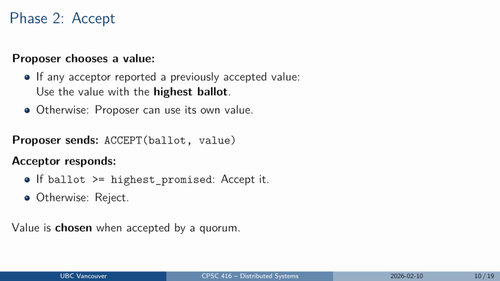I'll do the one on the right and the one on the left. So in this case, it says that no acceptor sent back the value. The proposer just uses its own value. Correct. But doesn't that mean that if no acceptor sent back the value, it was just rejected? The acceptor has not accepted any other ballot thus far.